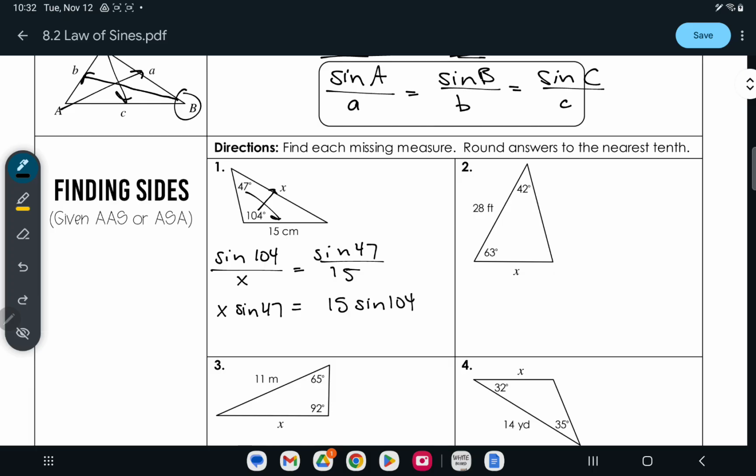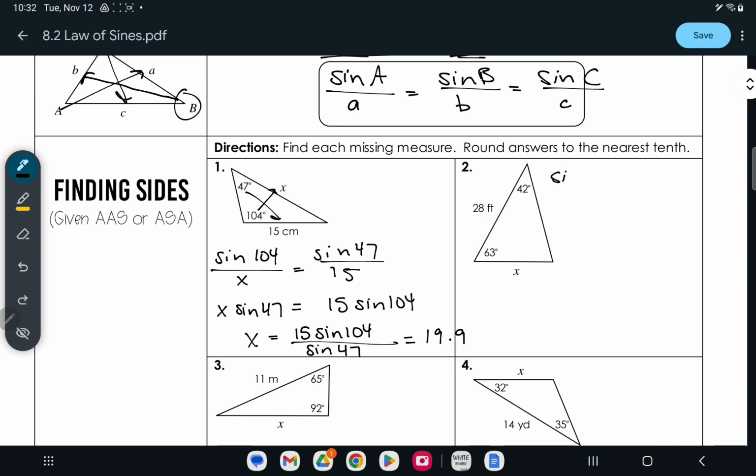And then to solve for x, I can divide both sides by sine of 47. So 15 sine 104 divided by sine of 47 gives 19.9.